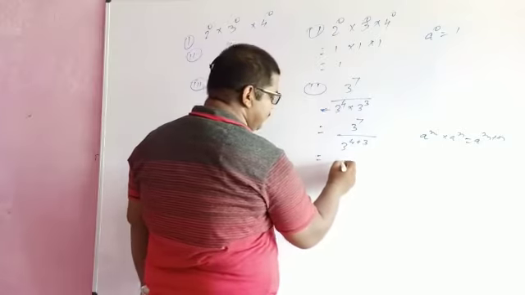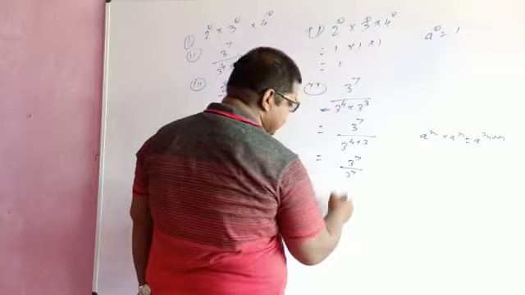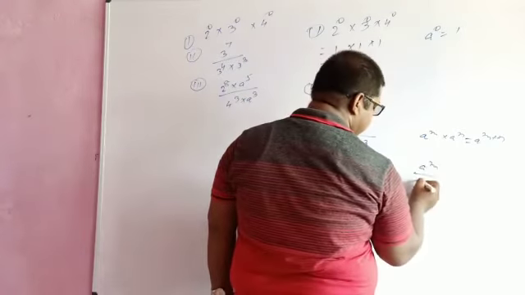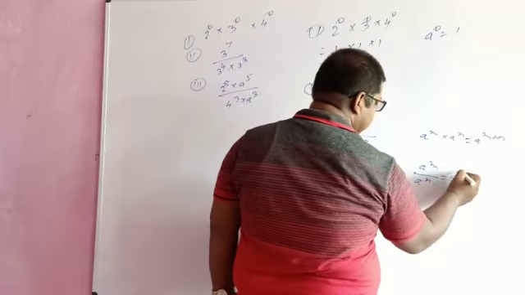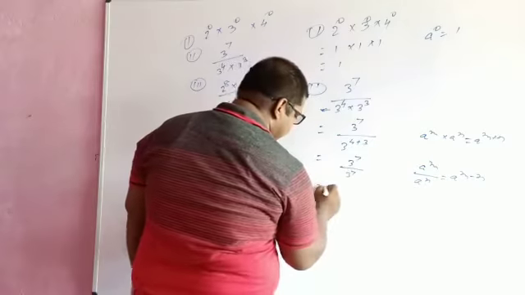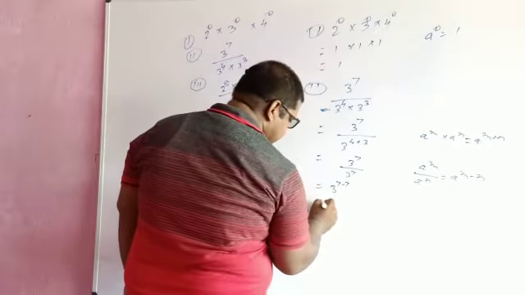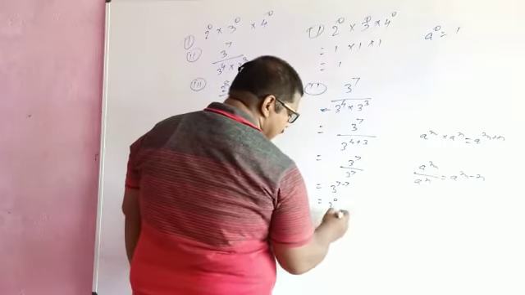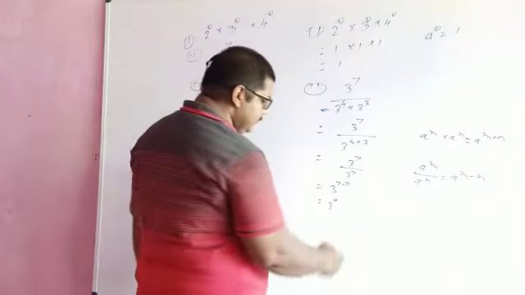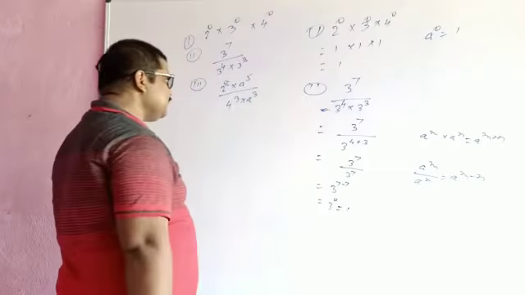So you have 3 to the power 7 upon 3 to the power 7, and a to the power m upon a to the power n can be written as a to the power m minus n. So finally 3 to the power 7 minus 7 is 3 to the power 0, and you know that if the power of any number is 0, it must be equal to 1. So its final answer is 1.